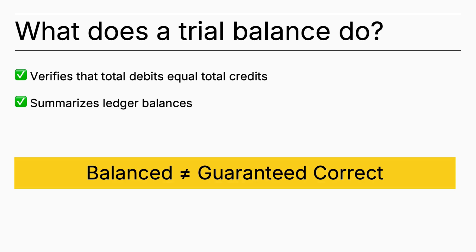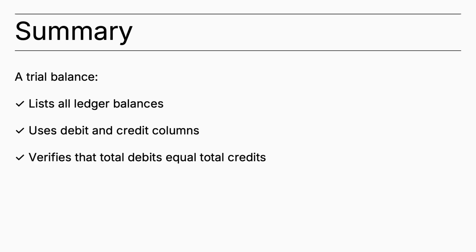Now that we understand the purpose of the trial balance, let's summarize the key ideas. A trial balance is a list of all ledger account balances arranged into debit and credit columns. Its main purpose is to verify that total debits equal total credits after posting to the ledger. It serves as an important checkpoint in the accounting cycle and helps identify some errors.